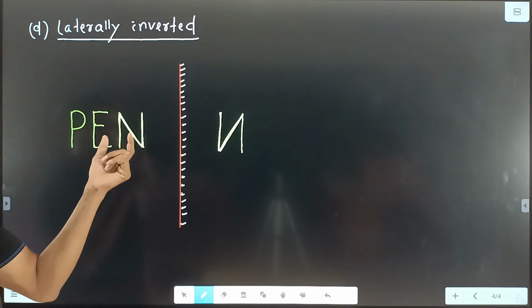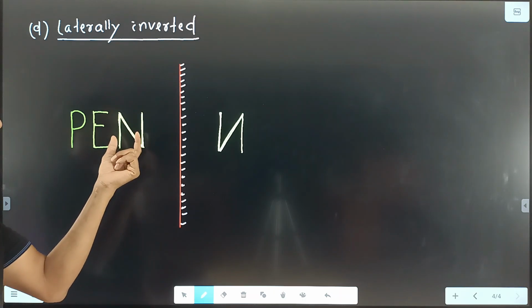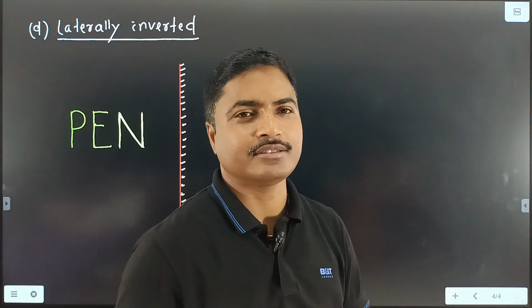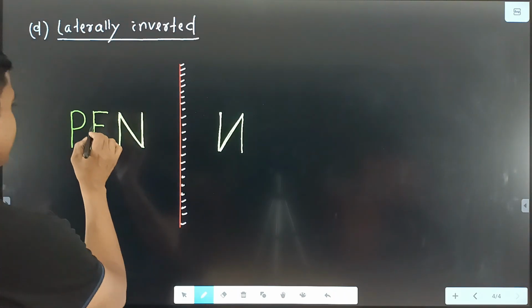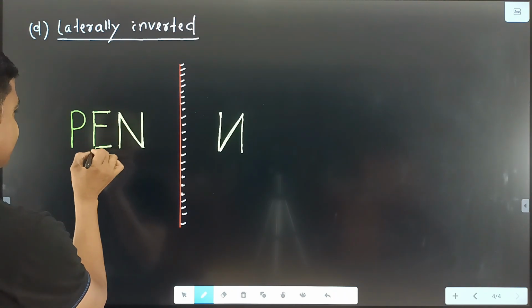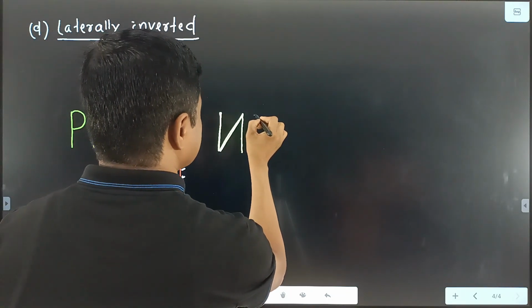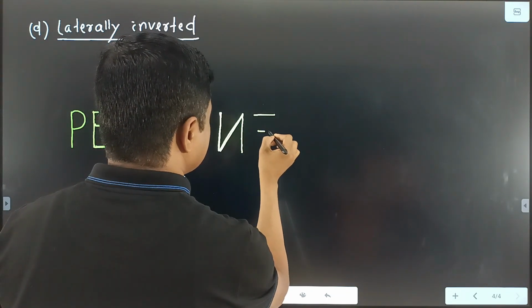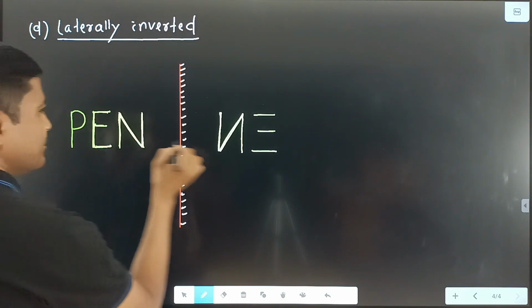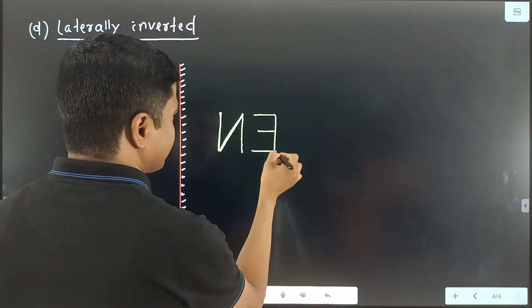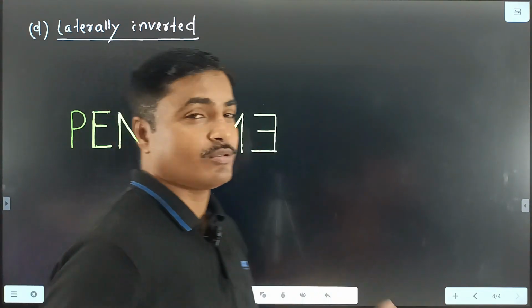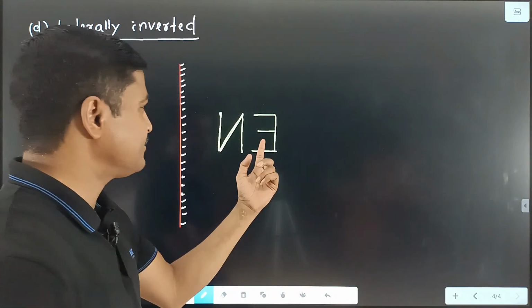That means suppose N is the object, and the image of N looks like this. Similarly, here E: this one line, second line and third line, they look like this. This is the first line of E, second line and third line, and this line of E looks just like this. Clear? That means E after reflection looks like this one. This is the image of E.